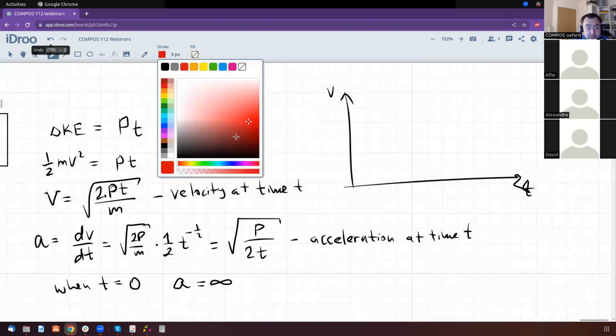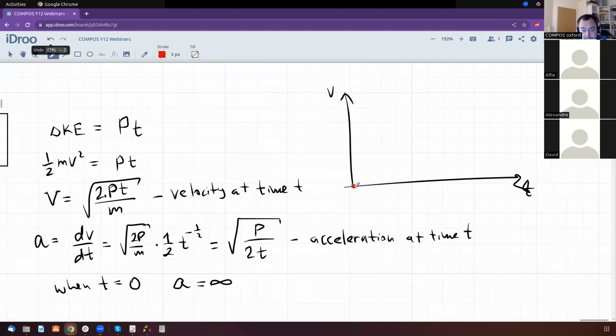So the graph is going to be like this. It does look like, because acceleration is the gradient. Acceleration is the gradient. And at this point, when t is 0, the gradient is infinite.